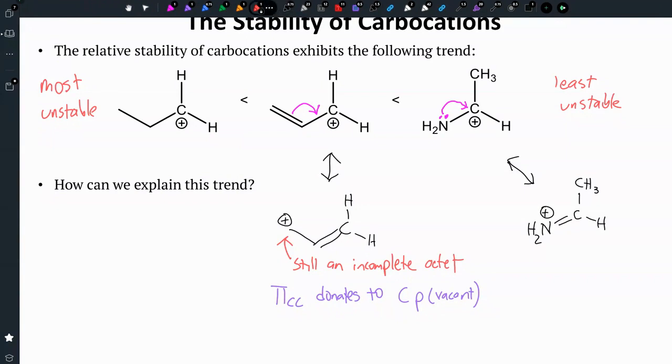It actually follows the octet rule. So it's not a big leap to say, well, if we have an alternate resonance structure that now follows the octet rule, that's going to be a much more stable structure. And so we would expect that carbocation to be more stable. And in fact, this sort of carbocation we wouldn't even think of as a carbocation, because the primary resonance structure, the most important one, is the one that follows the octet rule. So this is what the structure most resembles.